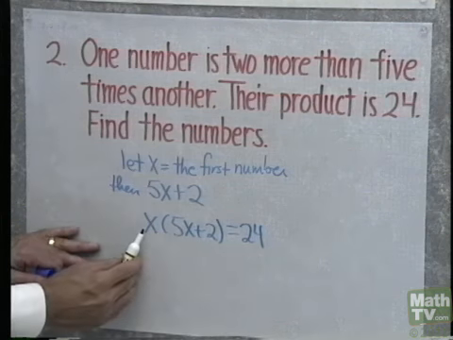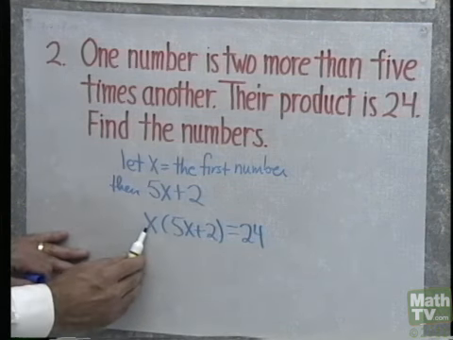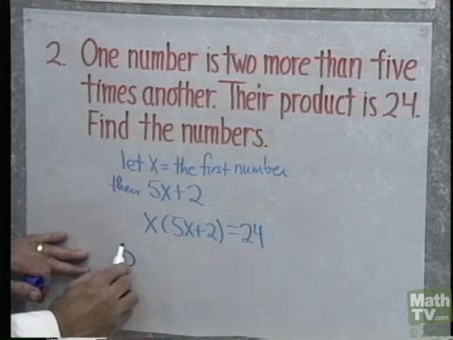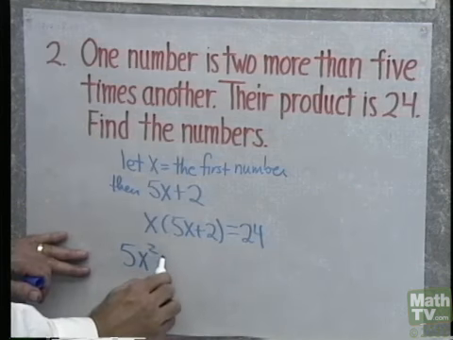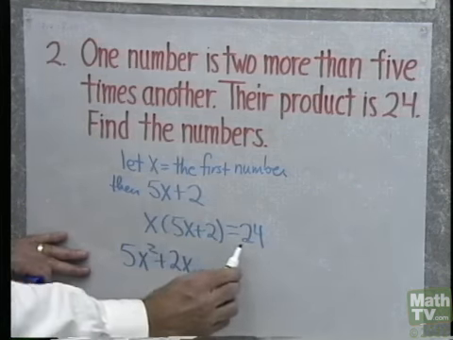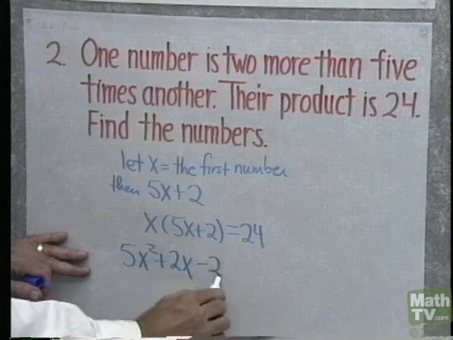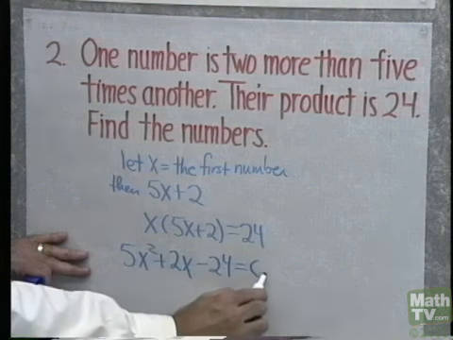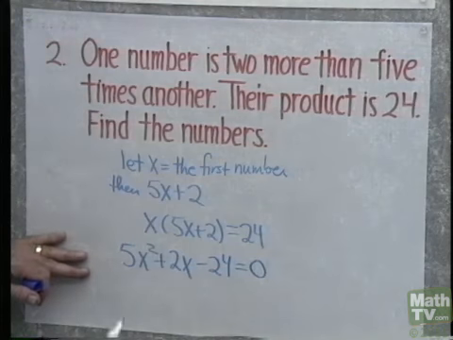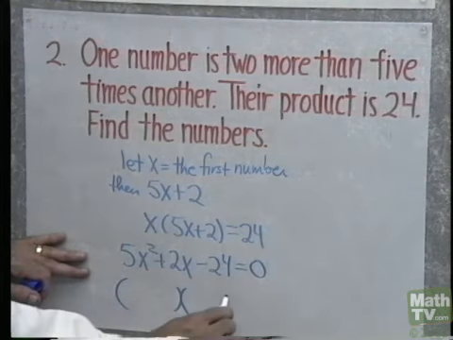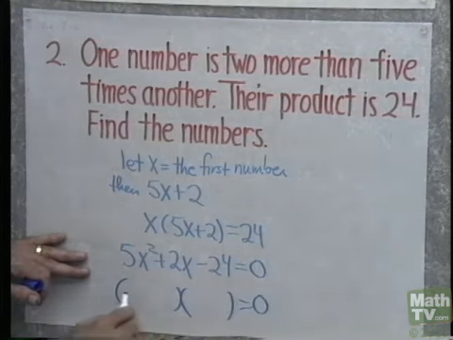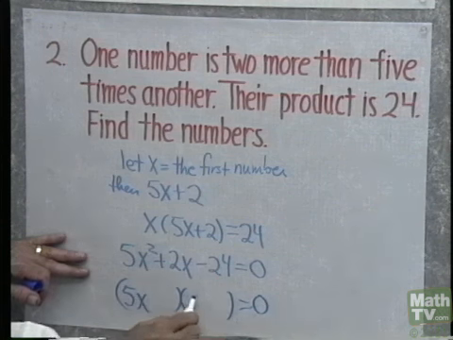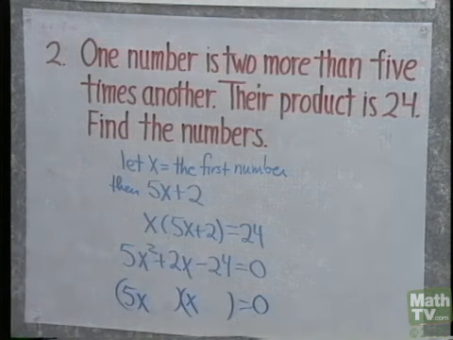Now, this is the equation that describes the situation. I'll multiply this side out. 5x squared plus 2x. Add negative 24 to both sides. And I'll have a quadratic equation in standard form. Let's see now if we can factor this. So I'll have 5x and x. And then let's see, 24 is going to be 6 times 4, 2 times 12.